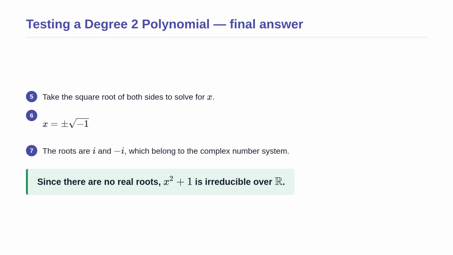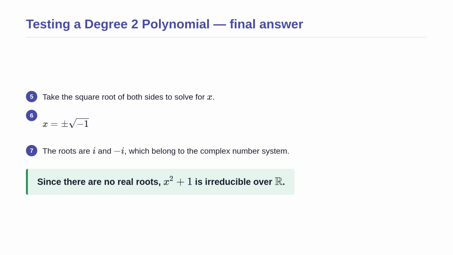Continuing our solution, we now need to find a number that when multiplied by itself equals negative 1. We take the square root of both sides. The square root of negative 1 is the imaginary unit i. This means our roots are i and negative i. Neither of these are real numbers. They belong to the complex number system.